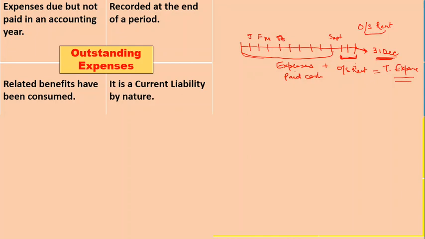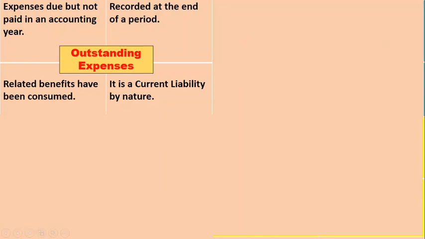These are paid and these are outstanding. So expenses which are due but not paid are outstanding expenses, and these are recorded at the end of a period, and the related benefits have been consumed. And why is it a current liability? Because you are going to pay within a year. So this is your current liability.